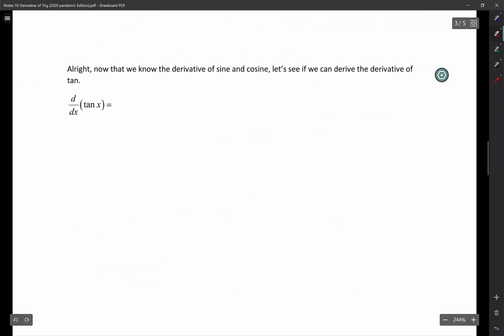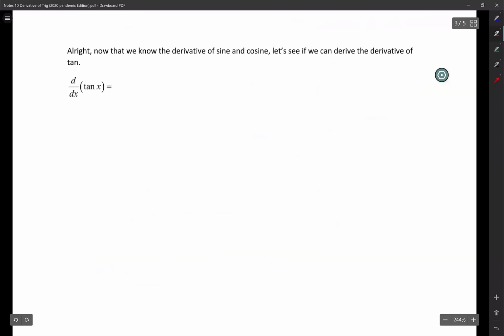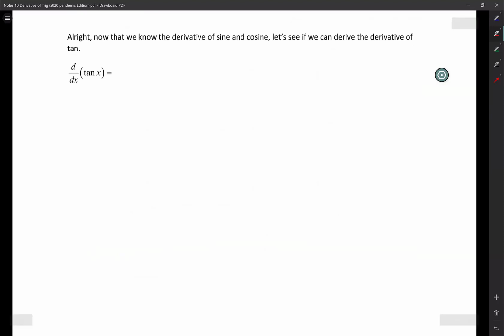All right, again, there is a formula for how to just remember the derivative of tan x, but we're going to derive it. d/dx of tan x is the same as what over what? Okay. What rule do I got to use to take the derivative of that?